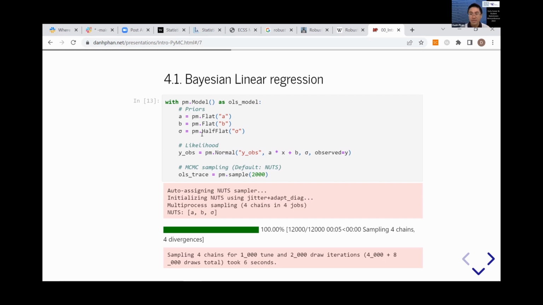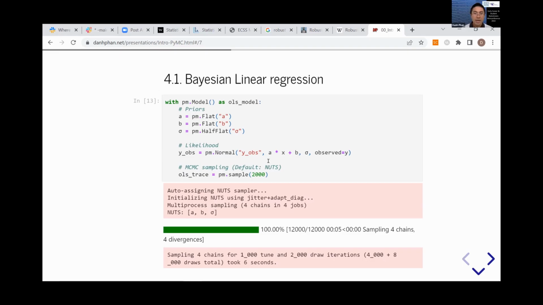So in linear regression we will have our prior for the slope A and the intercept B, and then we have the standard deviation for that. After that, we can define our likelihood, where the mean is equal to AX plus B, and then we have a standard deviation using sigma. We input the observed Y here.